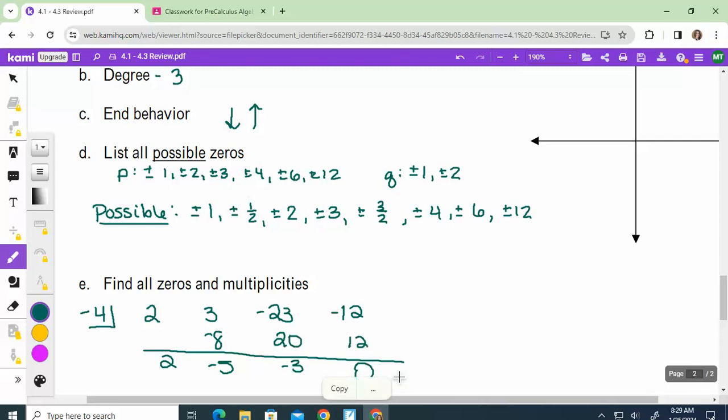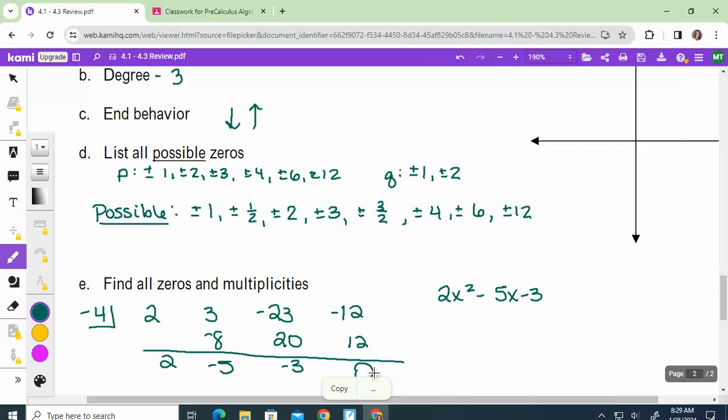So we get down to 2x squared minus 5x minus 3. It did give us a 0 for our remainder, so it did work.